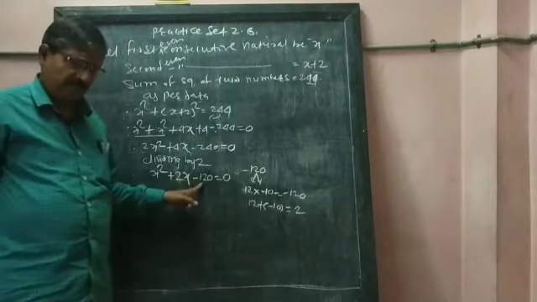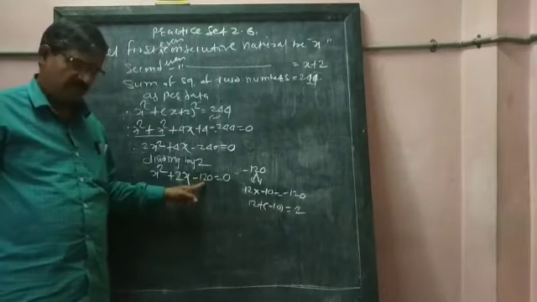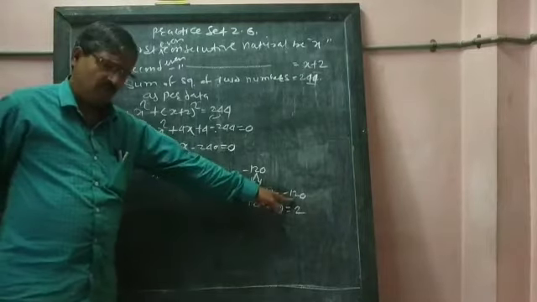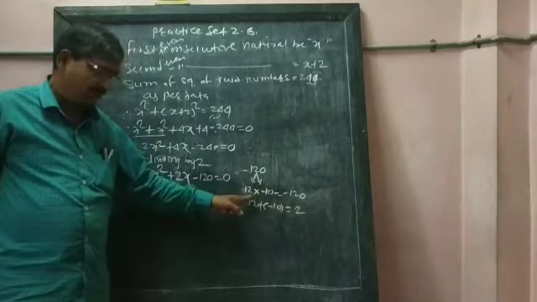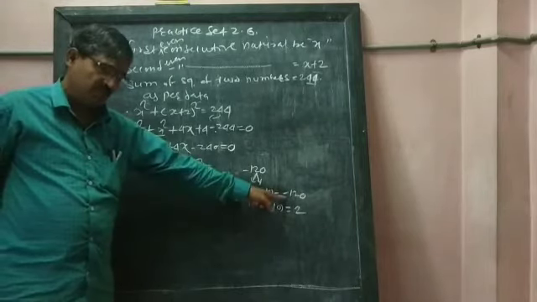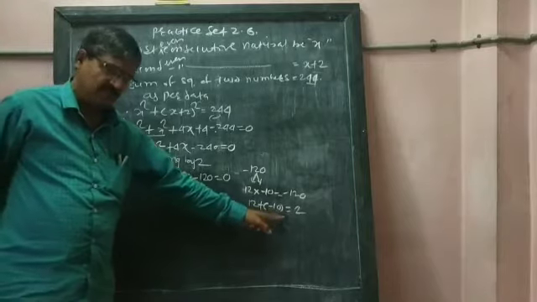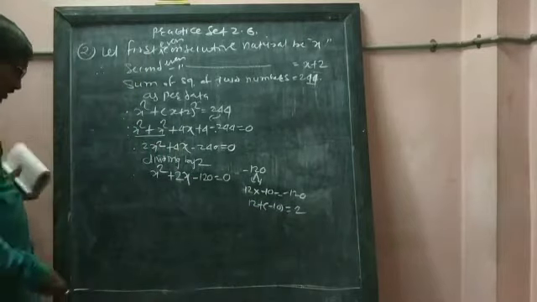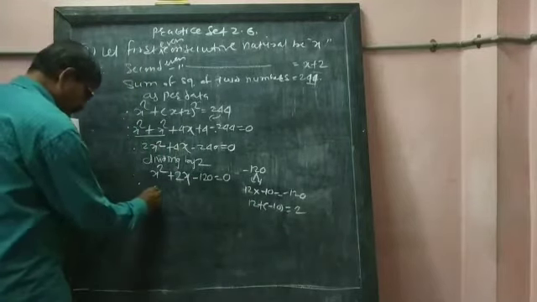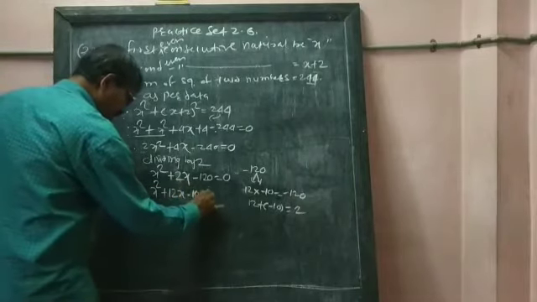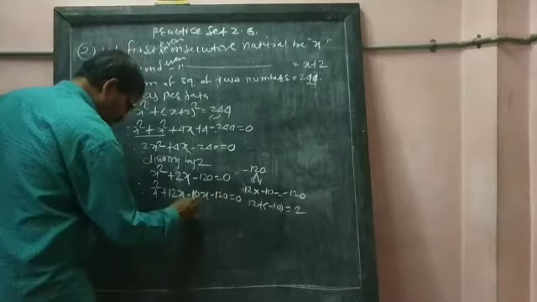The constant term is split such that the product of the two numbers is equal to minus 120, and the sum of these two numbers, 12 plus minus 10, is equal to 2. Thus here x square plus 12x minus 10x minus 120 is equal to 0.